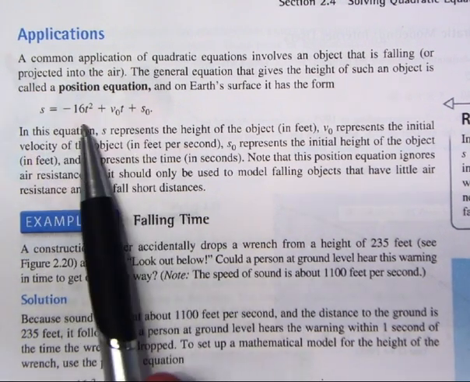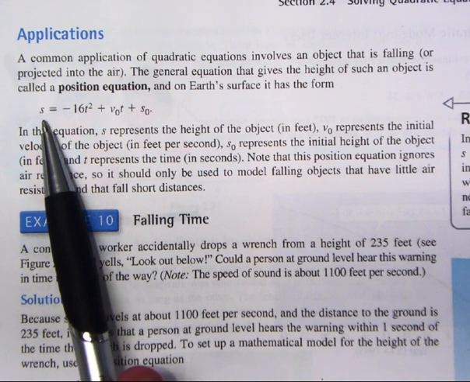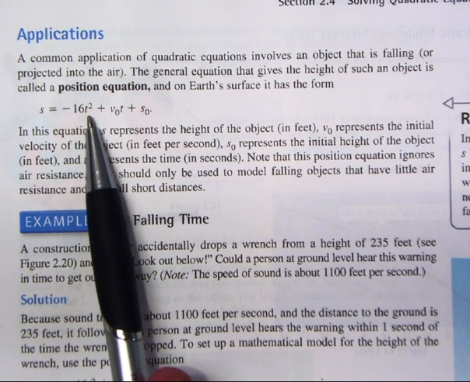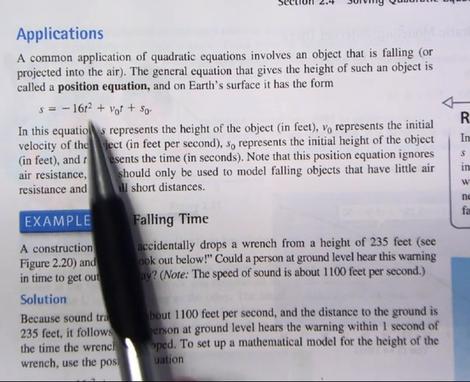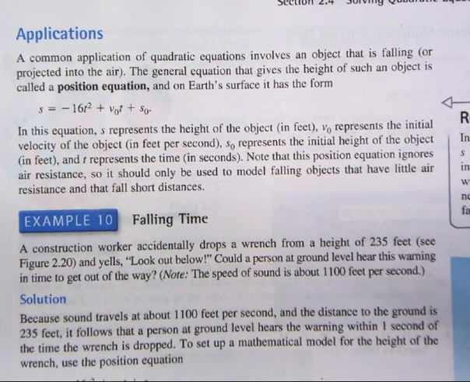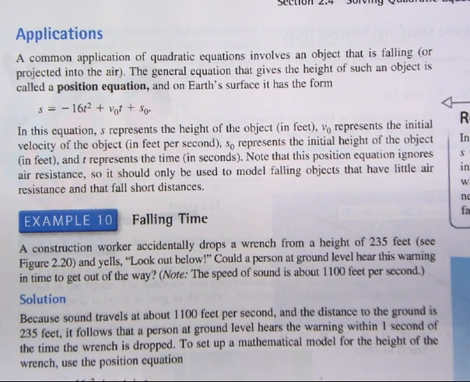This equation will tell you how high off the ground something is after the thing has been dropped for so many seconds. So if I say I'm standing at the top of a 800-foot building and I drop a quarter, how high off the ground is that thing after 3.2 seconds? This equation will tell you that.